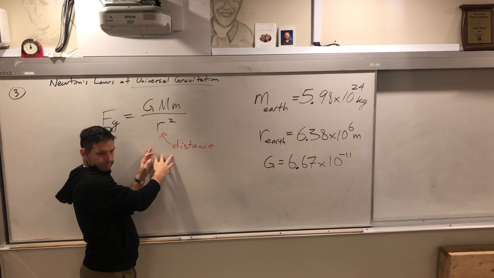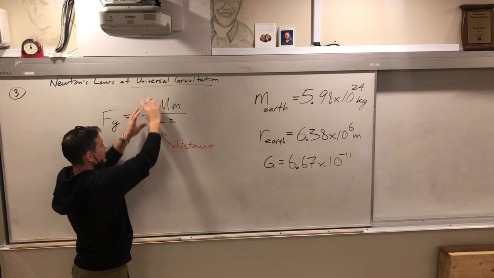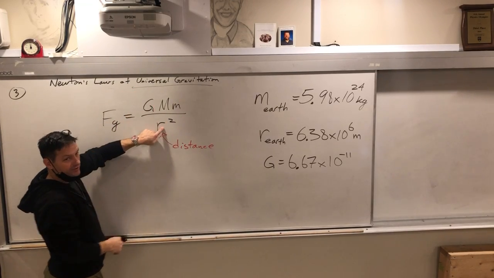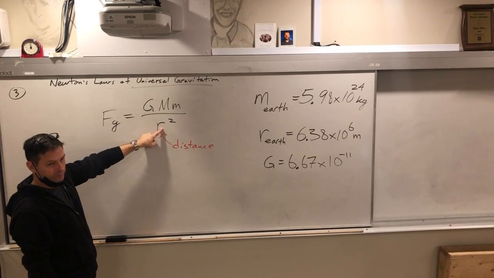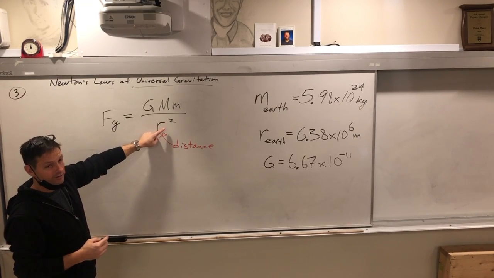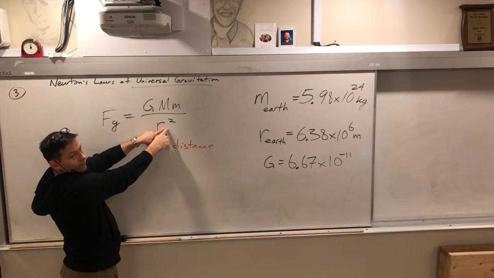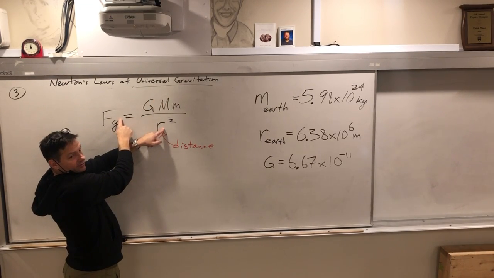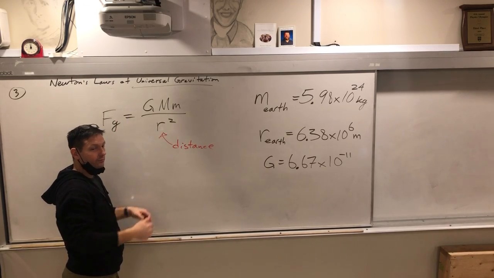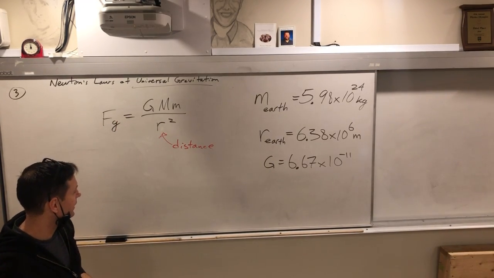So we're pretending GMm's not there? No, it's all there. All this is still here. But if I double this, let's say this is 1, we start with 1 meter. If I double it, what's my distance now? 2. What's 2 squared? 4. And so all of this is divided by 4, so this force is now 1/4 of what it was.